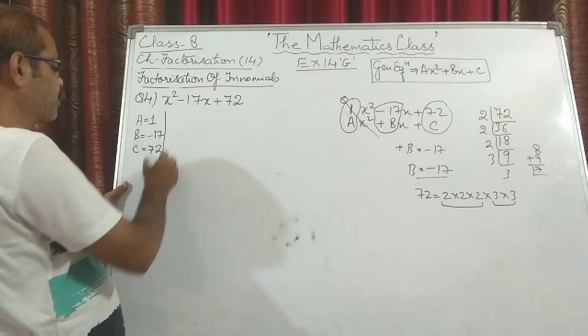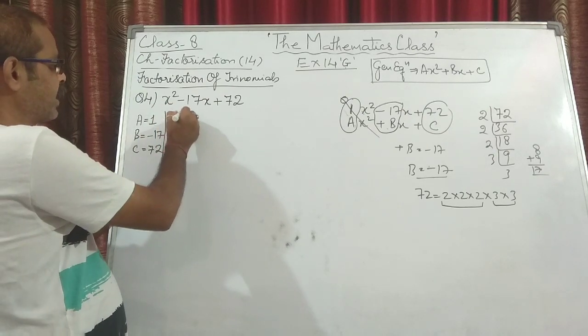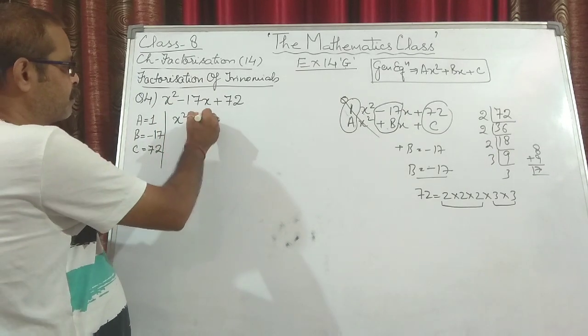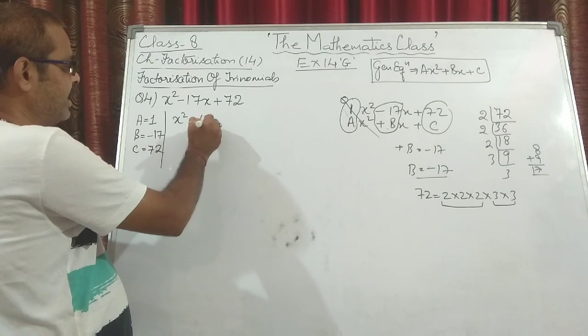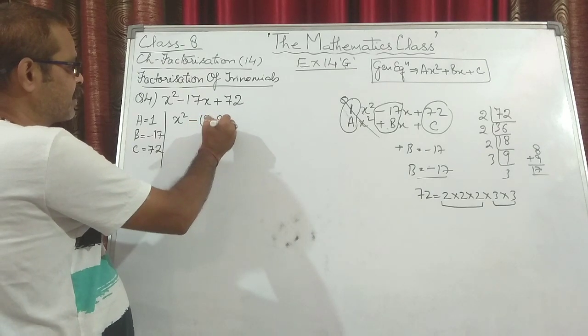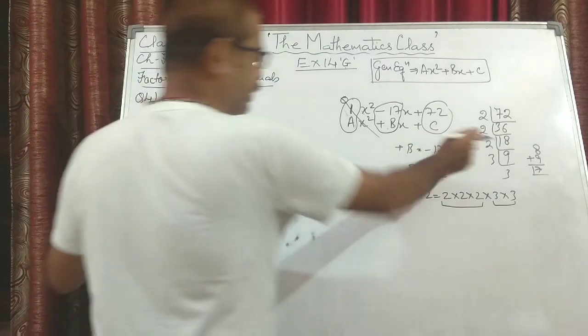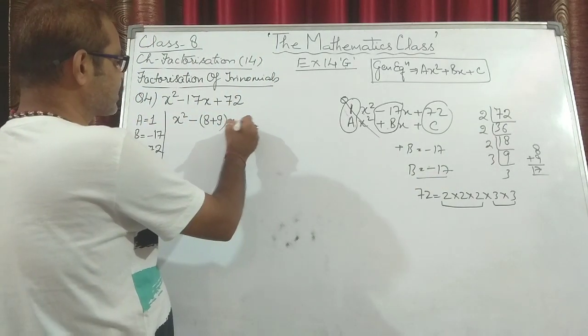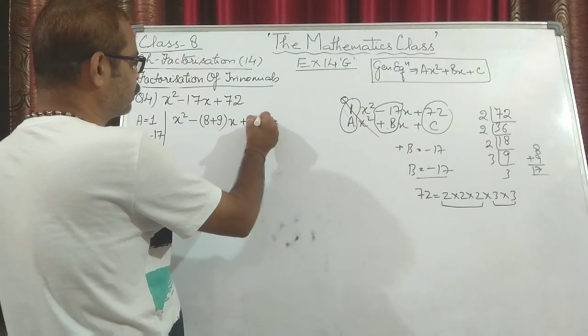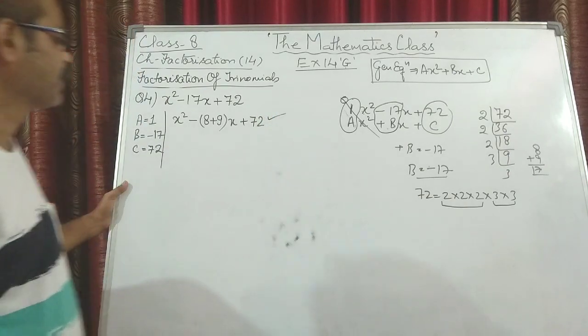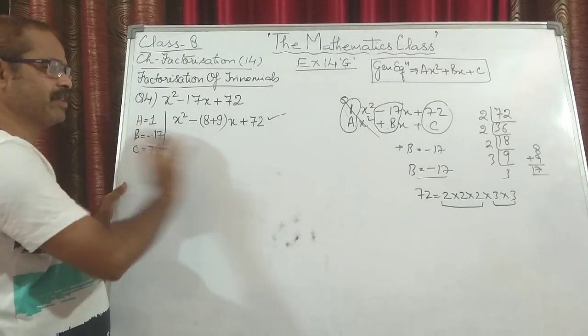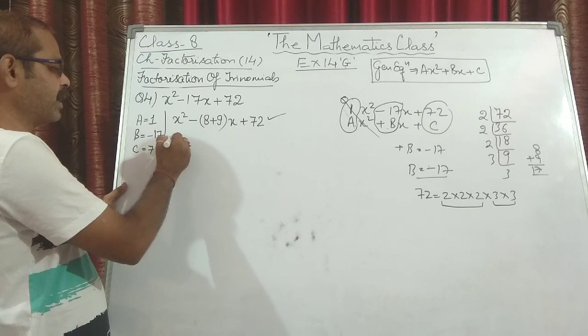So what we are going to do, x square minus, we will break 17 as 8 plus 9, 8 and 9 is 17, times x plus 72. This is a very important step. If you have understood this, it means everything is clear. Now next step, we'll open the bracket.